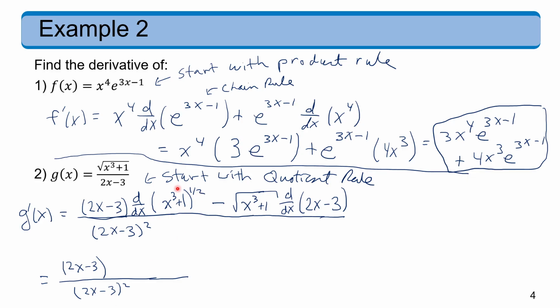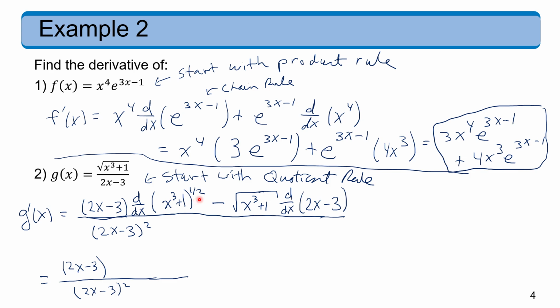So we have a square root and then something more complicated than just x inside. So let's identify the inside and outside parts. The inside is what was under the square root, right? The x cubed plus 1 is the inside part. So that means the outer function is the square root function, which is the same as x to the 1/2.